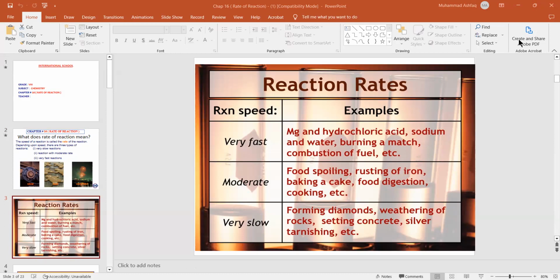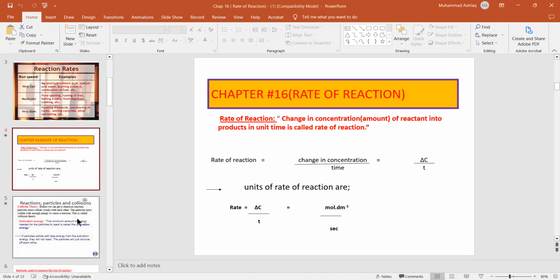Moderate: food spoiling, rusting of iron, baking a cake, food digestion, cooking, etc. The very slow ones: forming diamond, weathering of rock, setting concrete, silver tarnishing, etc. You should know the types and their examples.